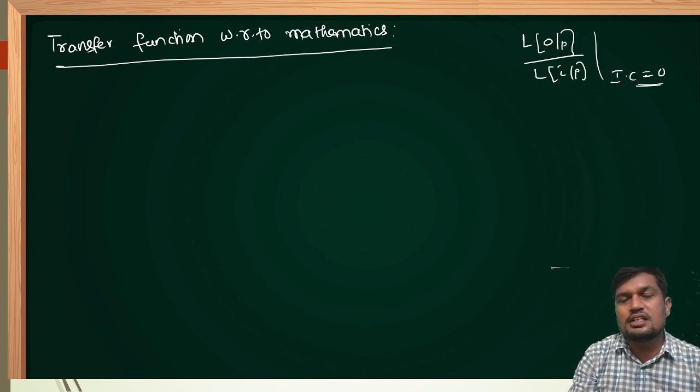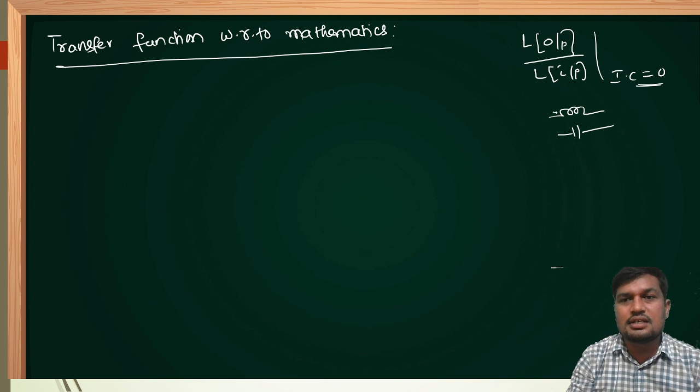The initial conditions in an electrical circuit are due to transient elements, that is inductor and capacitor, because an inductor doesn't allow sudden change in current and a capacitor doesn't allow sudden change in voltage across it. That is the reason why these two elements are called transient elements. Those are treated as initial conditions. That is going to be assumed 0.